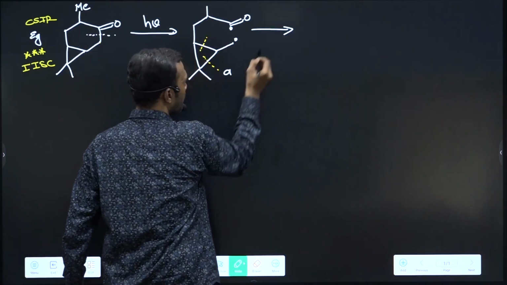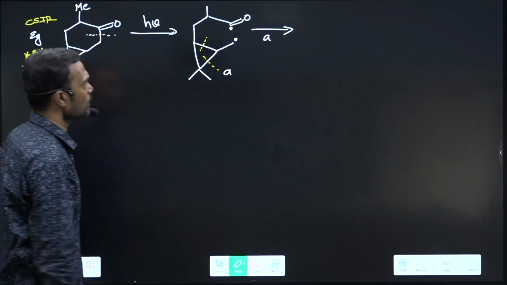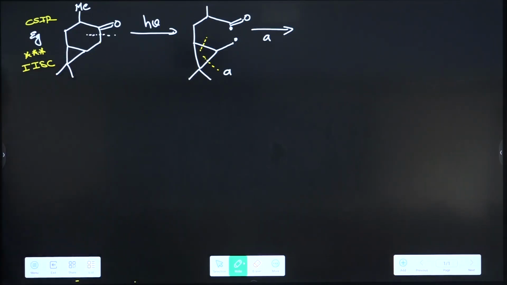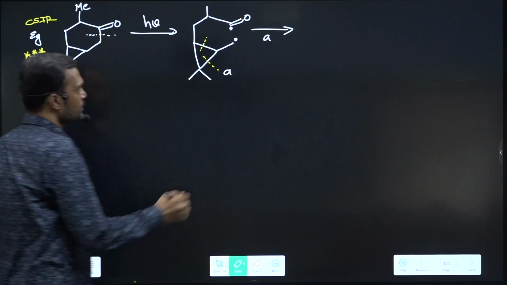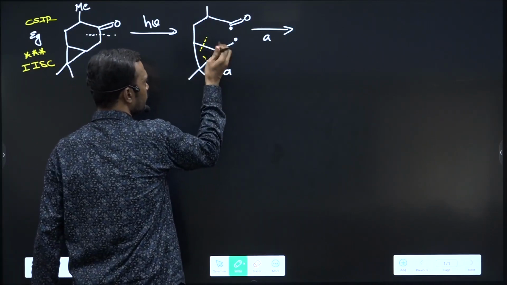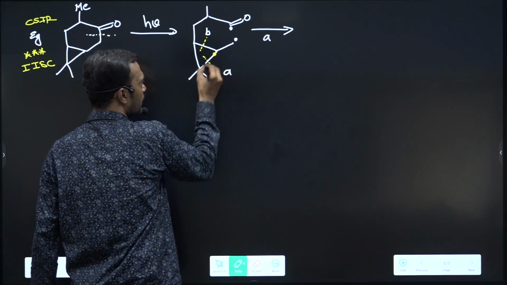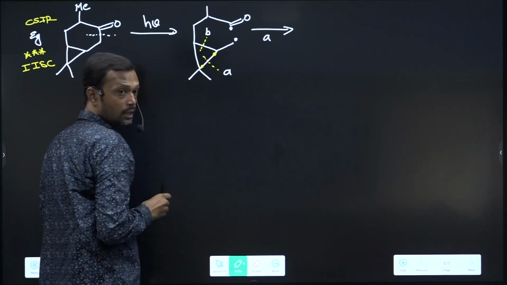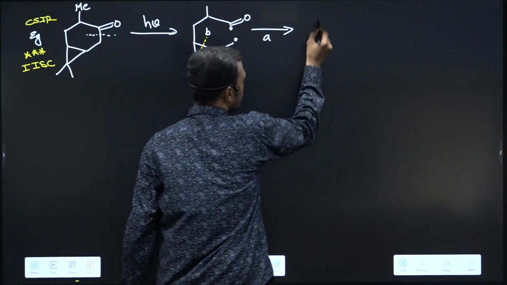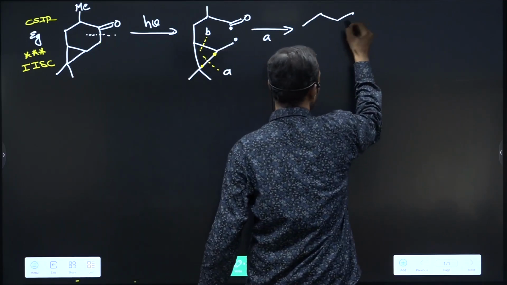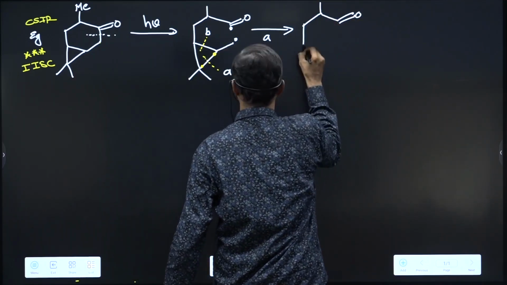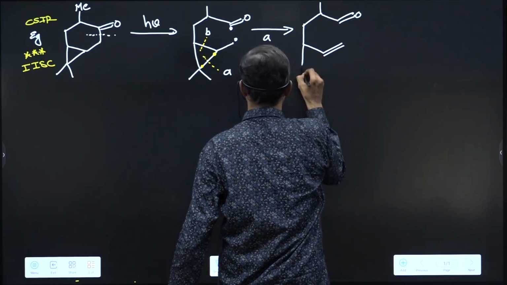So if I break the direction A side, what is your answer? See, if I break the direction A side and this is the direction B side, now this radical, double bond or not? Now I can write like this, C double bond O methyl, this is a double bond, and what about this?